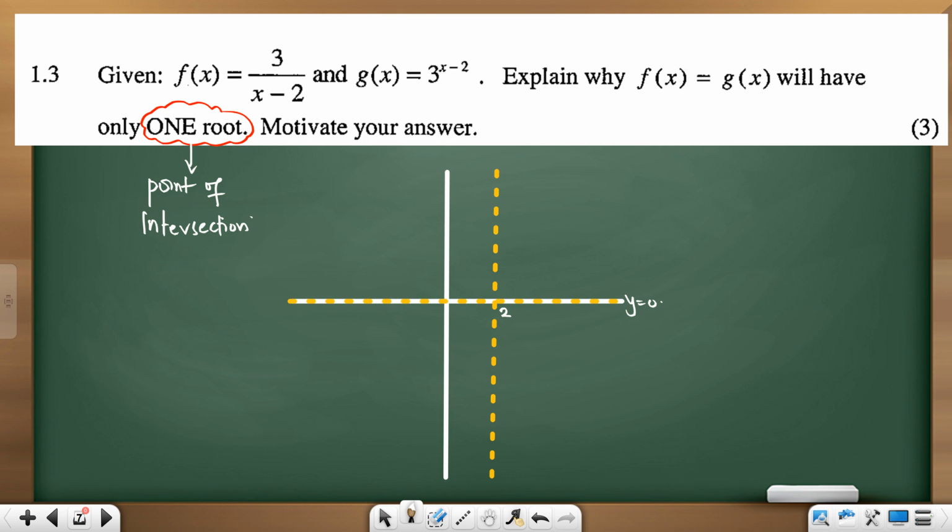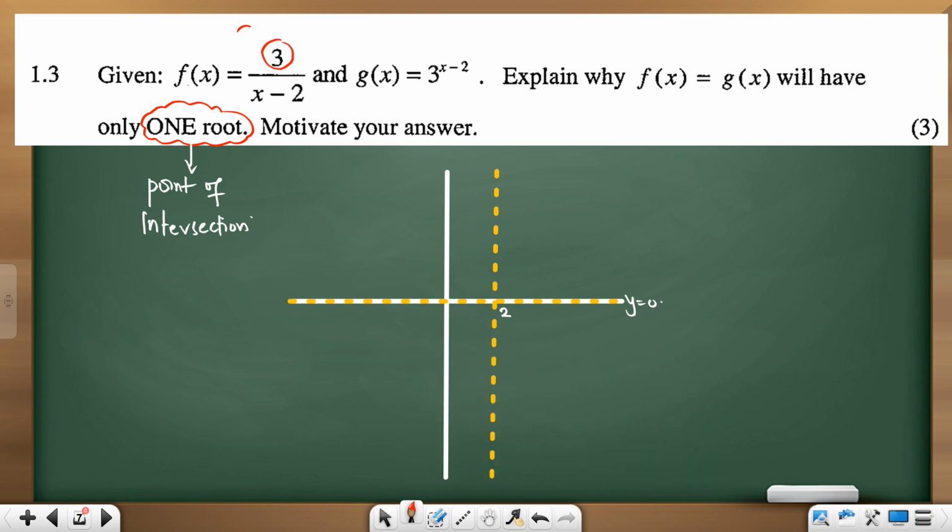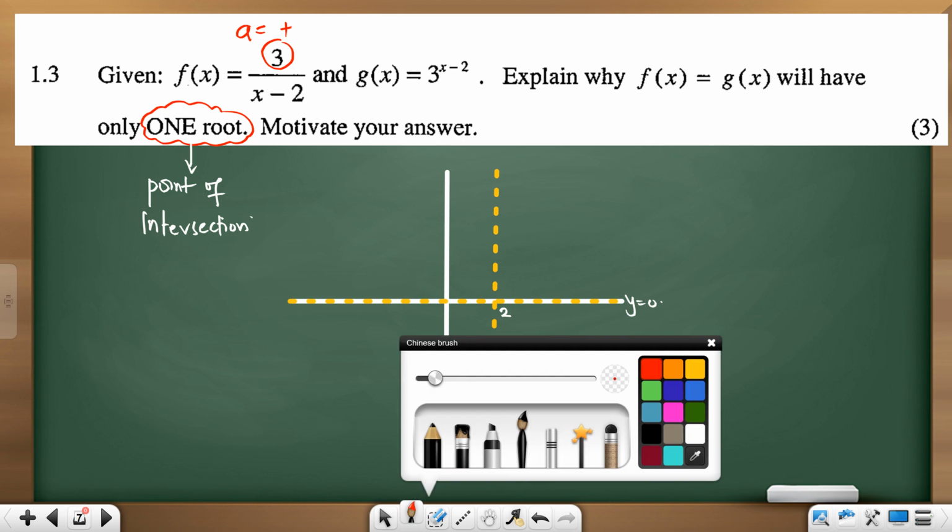you should know how to sketch without even calculating. You can find your intercept, but we can sketch this without the intercept. Now, your a is positive. That should tell you which quadrant you are drawing your graph in. This is what I do in case I get confused.